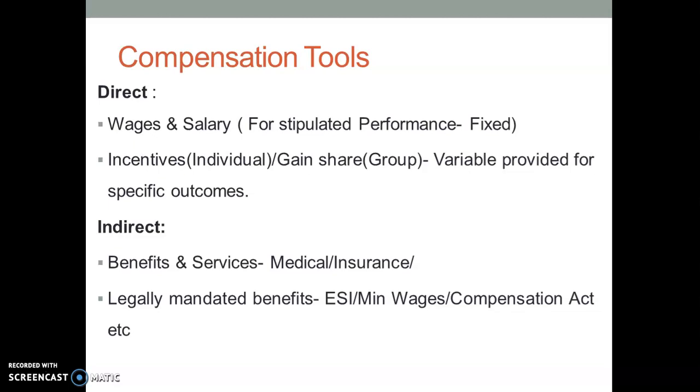Another is that there are certain rules and regulations created by the government which make it legal for different organizations.